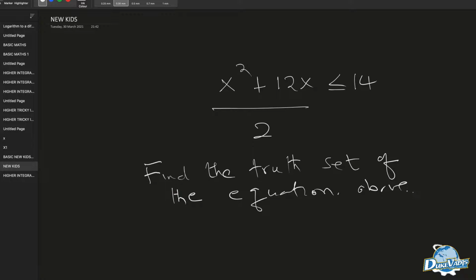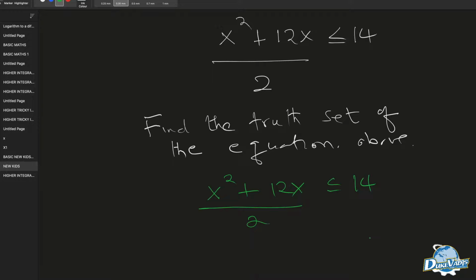Beautiful. So as you can see, we should find the truth set of the equation above. Well, when you see that, what comes into your mind? Okay, the whole thing is the whole expression. The expression x squared plus 12x all over 2 is less than or equal to 14.